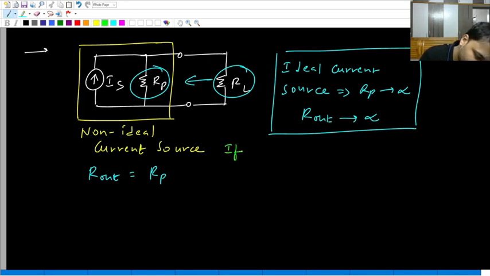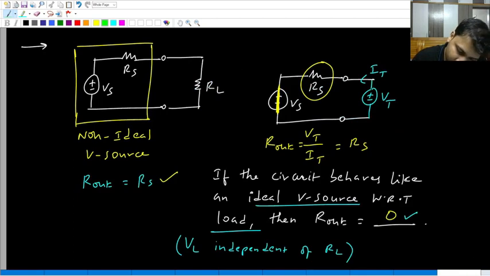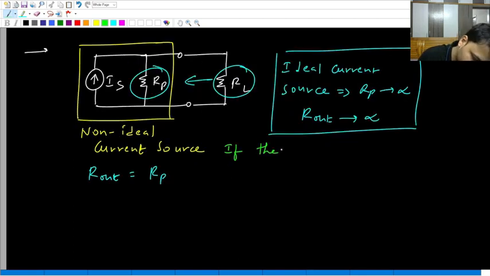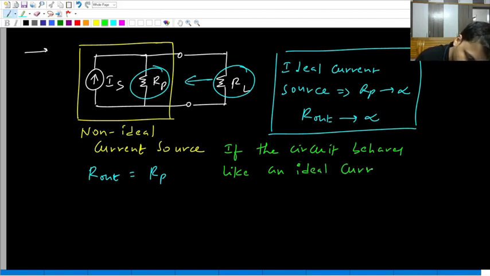So again the point is, if the circuit behaves like an ideal current source with respect to load, then directly we can say R out is how much?